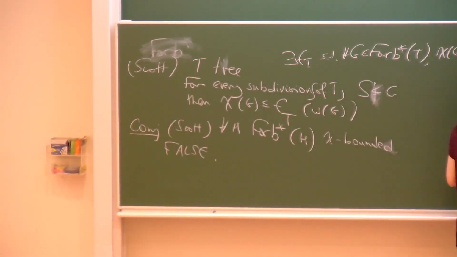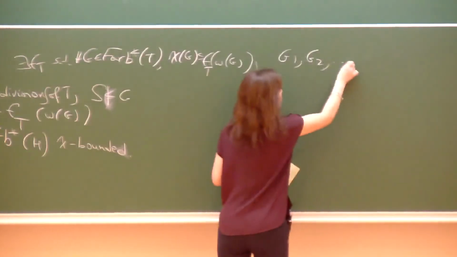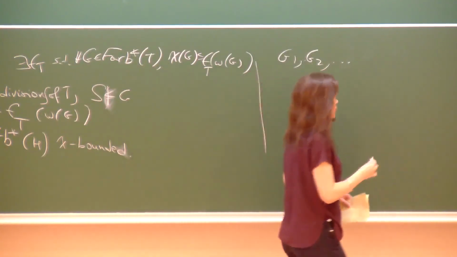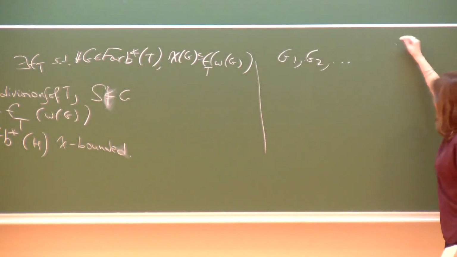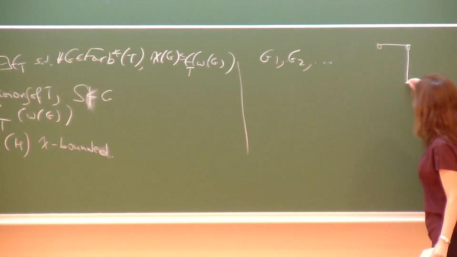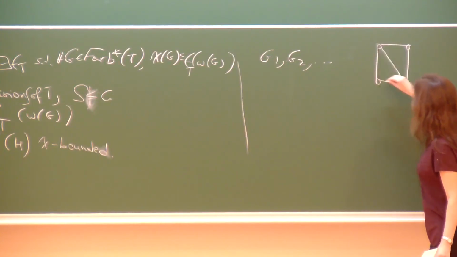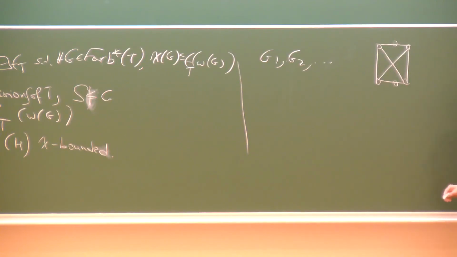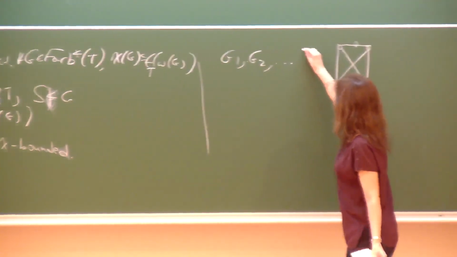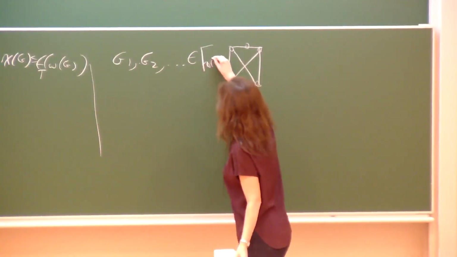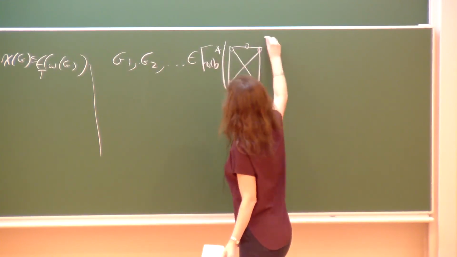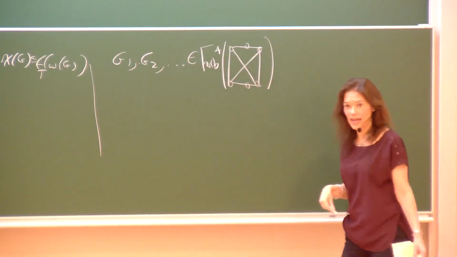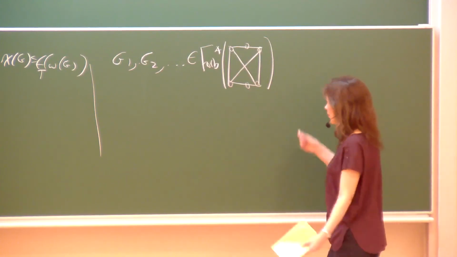So there exist G1, G2, and so on, so that they do not contain subdivisions of this graph. It's a K4, and you subdivide edges. And these graphs are in Forb star of this, and they have arbitrarily large chromatic numbers.